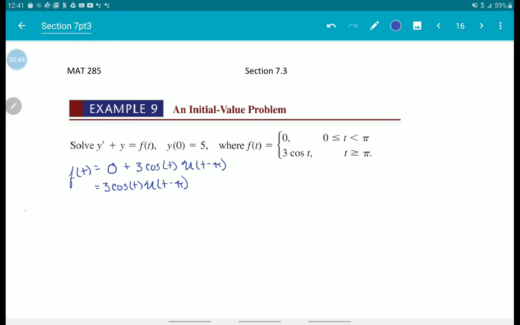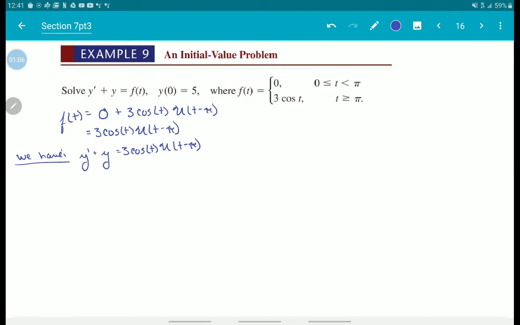So here's what we have. I'm just going to rewrite that differential equation. So to solve, we have to take the Laplace. So we're going to take the Laplace of each piece.